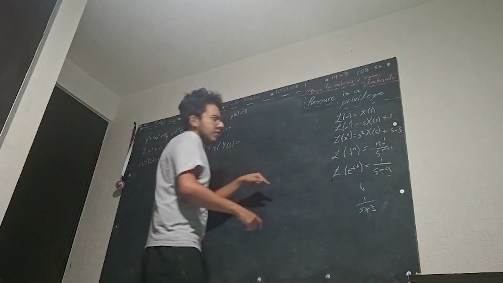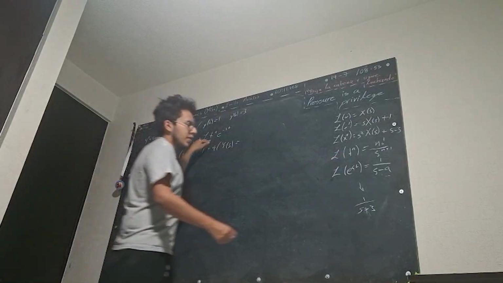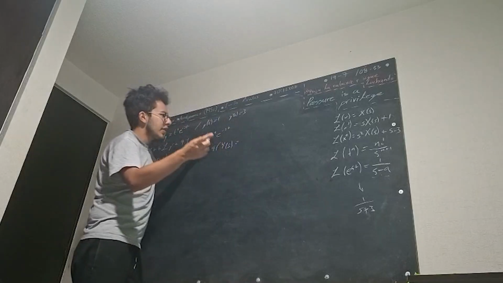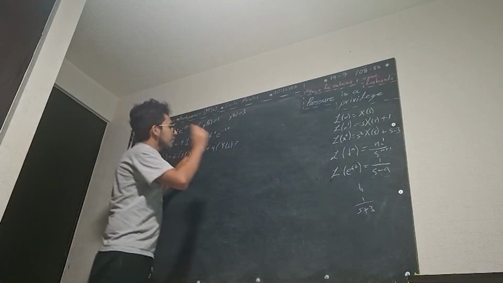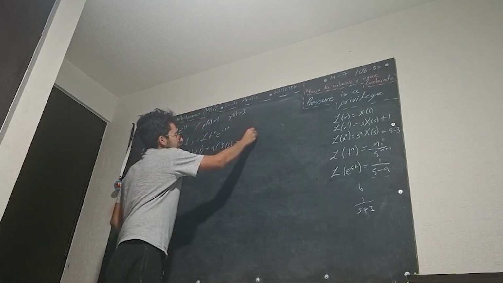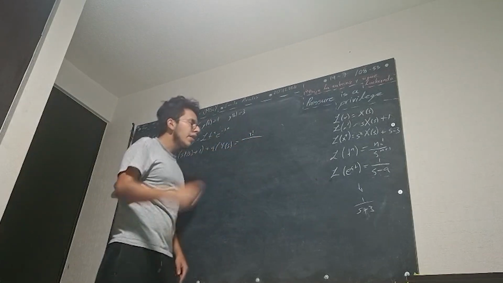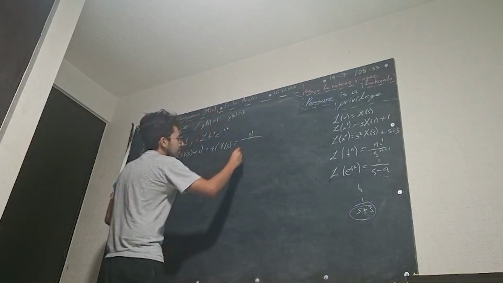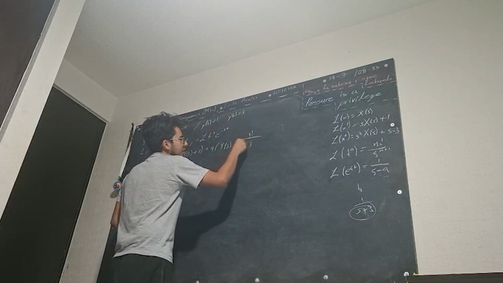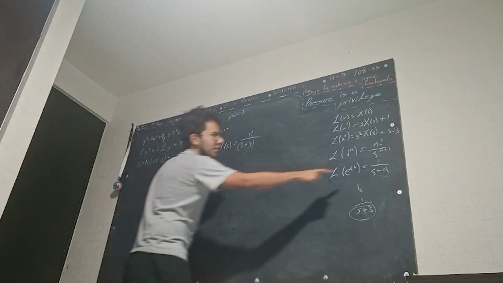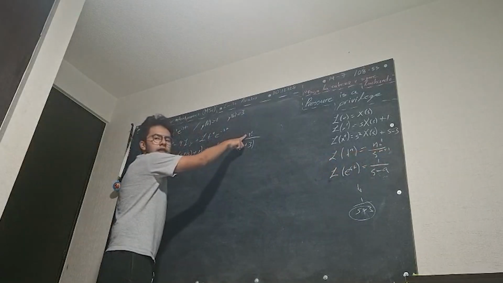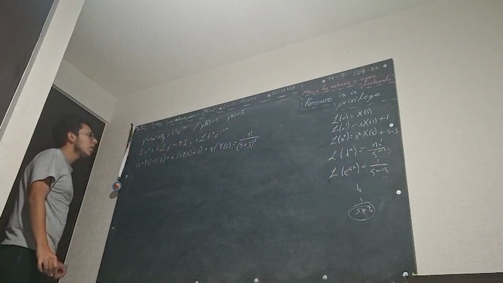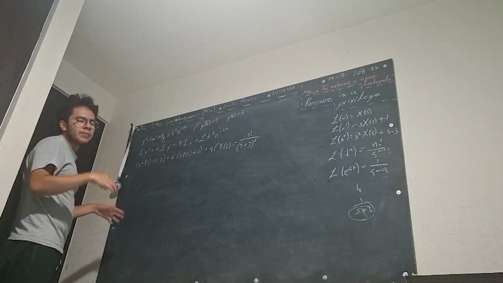Because we have a t here, we have n factorial, which in this case is 4 factorial, over our new s, which will be this argument. So we'll put here s plus 3 to the power of n plus 1, and n is 4, so we'll have 5 here. Okay, then we have to solve or simplify.